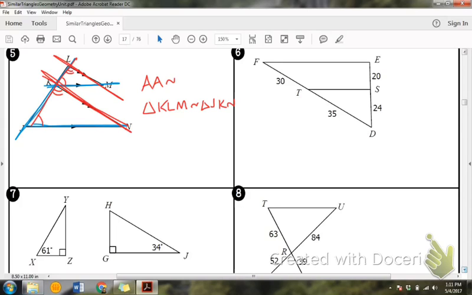On homework 19, I want you to do 5 through 12, and then I want you to do 15 and 16. Okay, I'm going to give you a few minutes of class time to work on this, and then we'll do our next lesson.